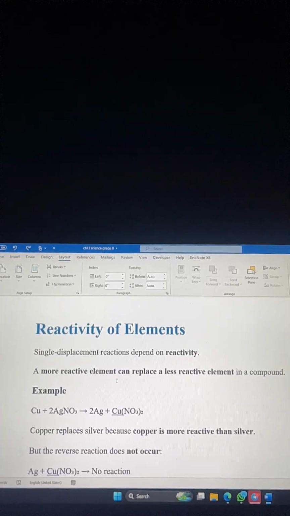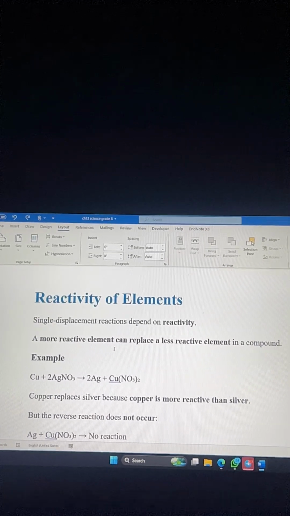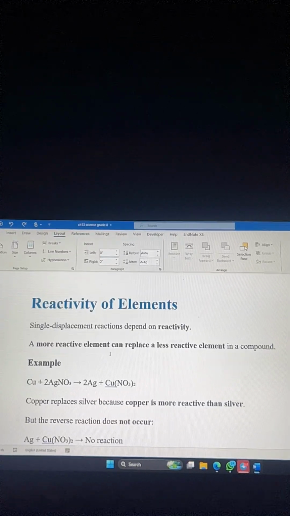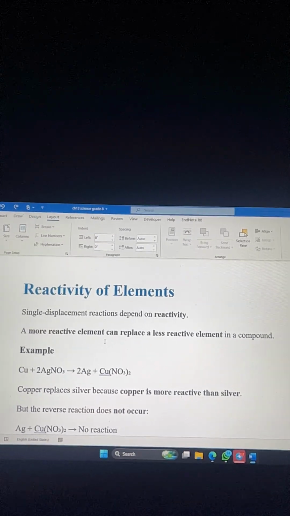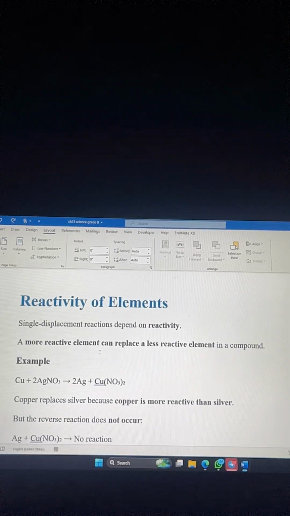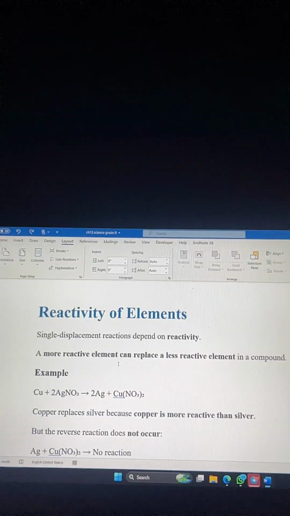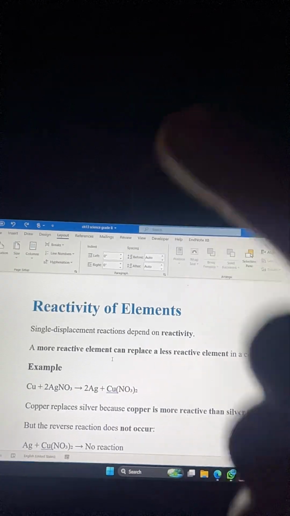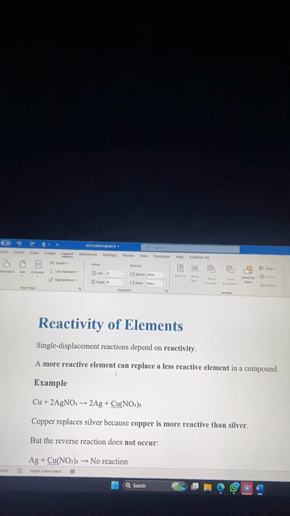Then we should talk about the reactivity of the elements. Why do we talk about reactivity in single displacement reaction? Because this replacing depends on reactivity.